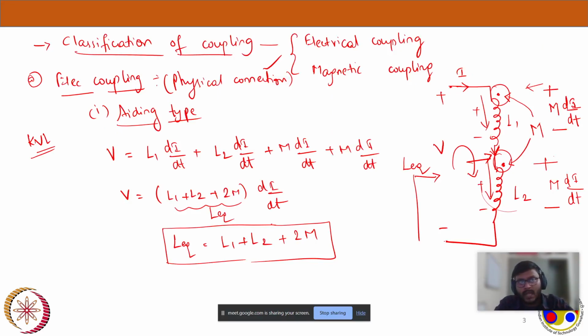Now, we have seen the different types of coupling altogether: electrical and magnetic coupling. Within electrical coupling, we have seen two types: aiding type and opposing type. We say electrical coupling when a circuit has a physical connection.